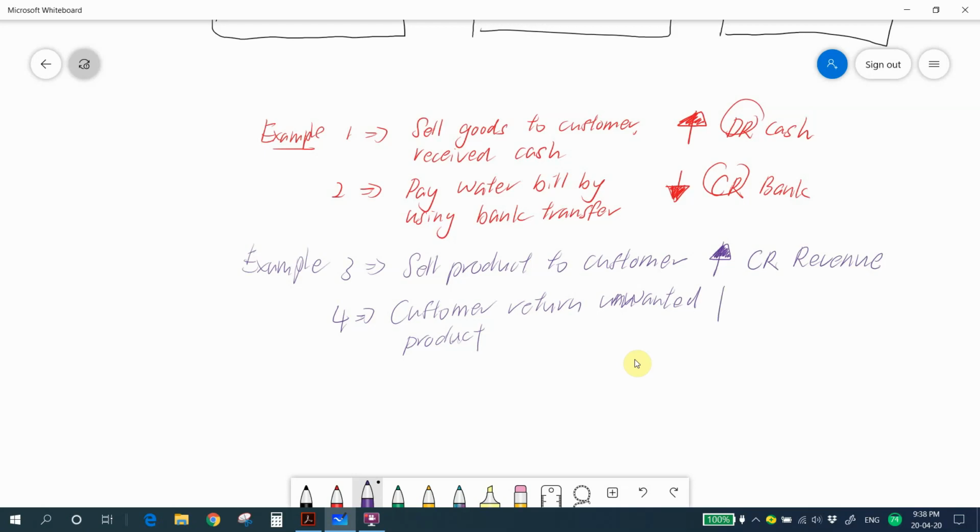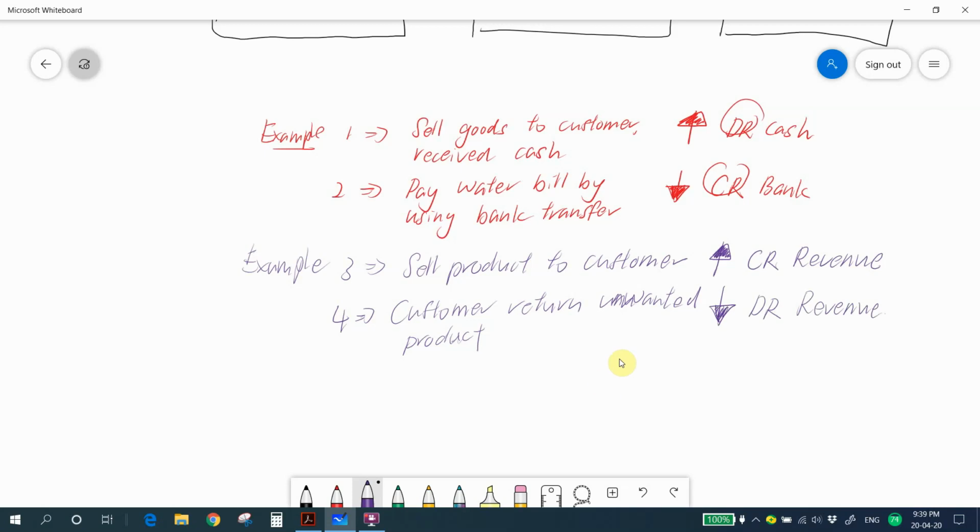The answer is lower. So when this transaction or event will result in lower revenue, we debit the revenue account.